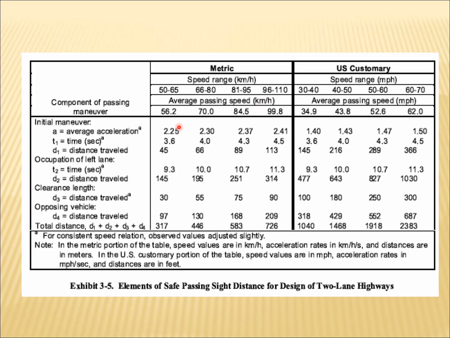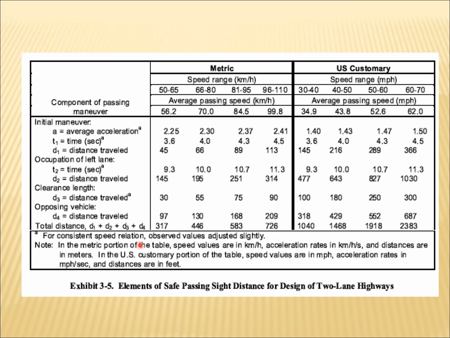And here you can see the weighted average passing speed, that is 56.2 over here, 70, 84.5 and 99.8 kilometer per hour. So you can see here D1 has been calculated, here D2 and here D3 and here D4.